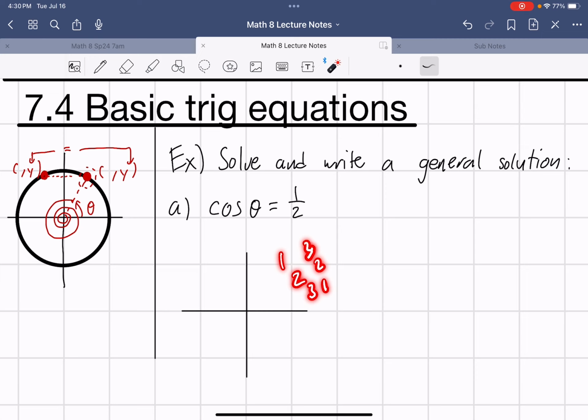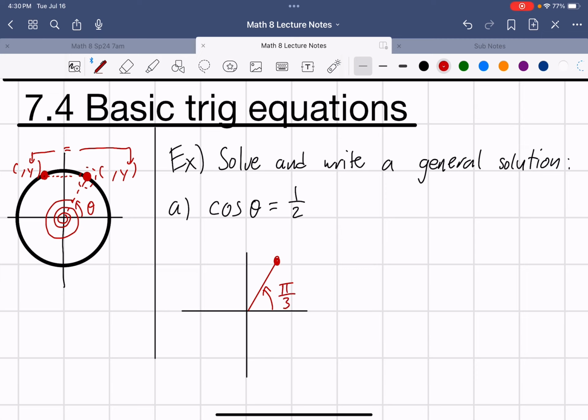But remember, when I say 1, I really mean 1/2. When I say 2, square root of 2 over 2. When I say 3, I really mean square root of 3 over 2. Now, because we're talking about cosine, I know cosine always pertains to the x. And the 1/2 is this 1. So I know I get 1/2 at this particular angle, which is pi over 3.